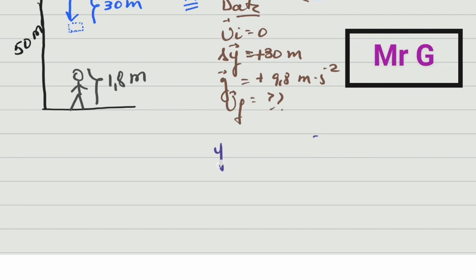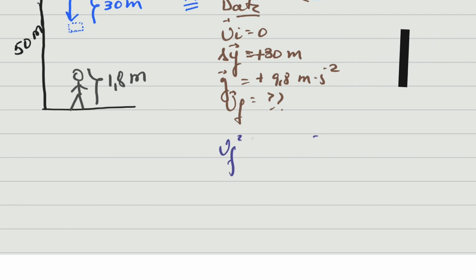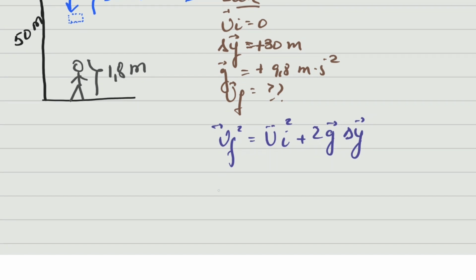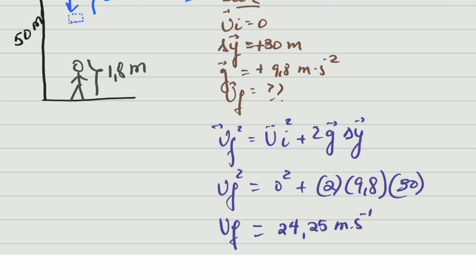The final velocity square is equal to the initial velocity square plus 2 times the acceleration multiplied by the displacement, and this is the formula we are going to use. If we substitute, note they're asking you to calculate the speed, so no direction is needed, and this is the first question.